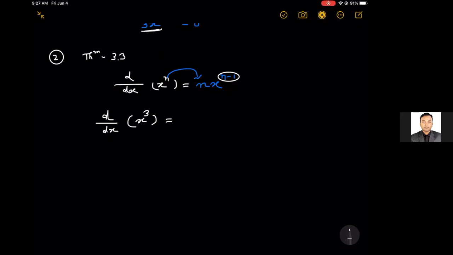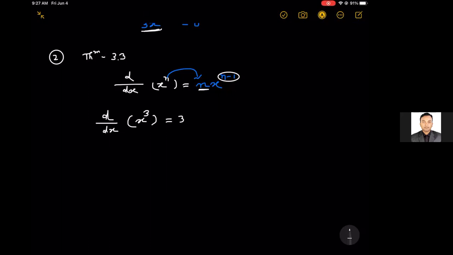Okay, so what's the value of n here? In the example, it would be 3, wouldn't it? 3. Okay, right. So n is 3 here, right? So we know that n will come down here.